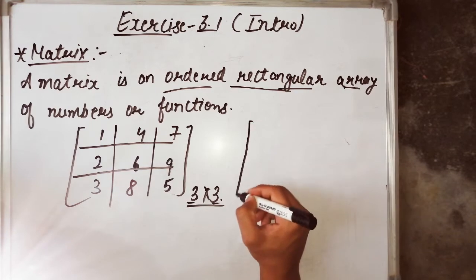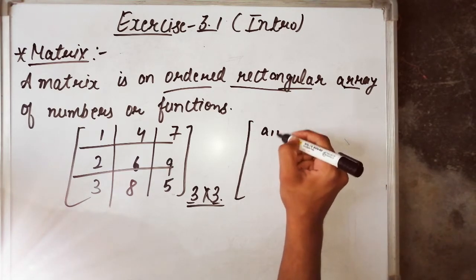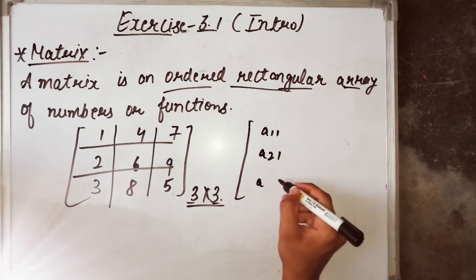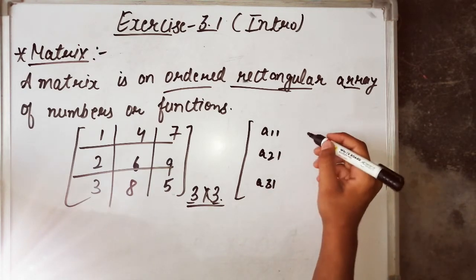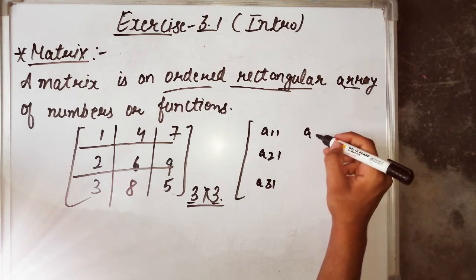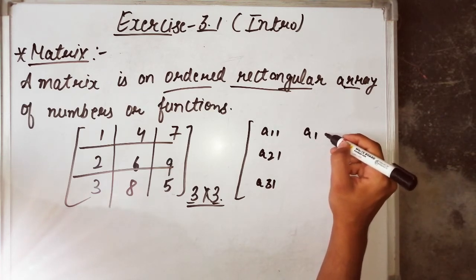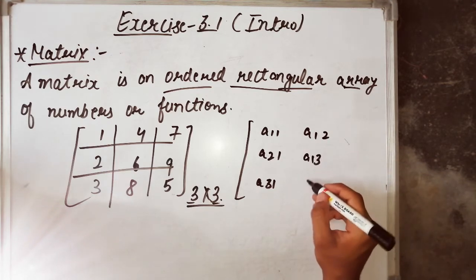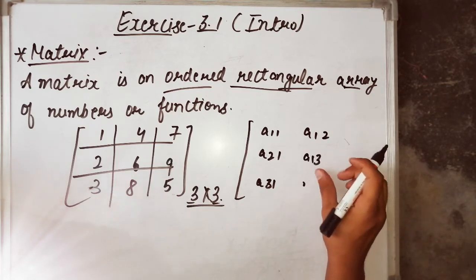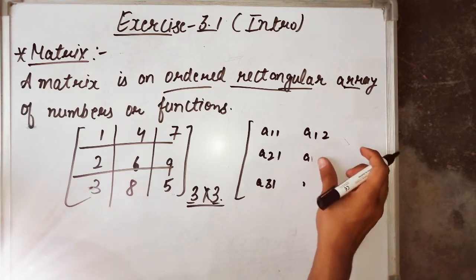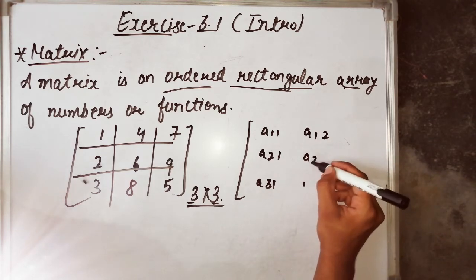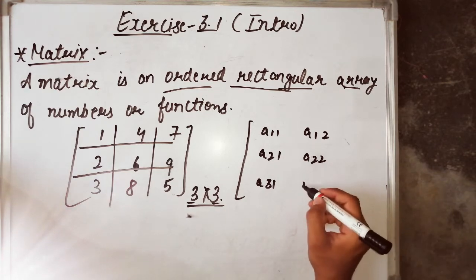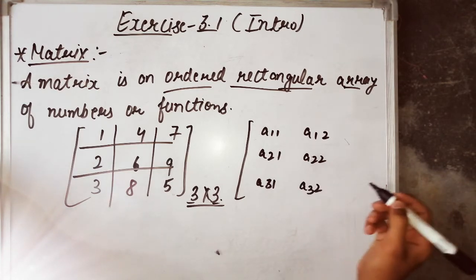This is a11, a21, a31. Here we have a12, a13, sorry, here a21, a22 will come, because I'll explain later about this. a32.